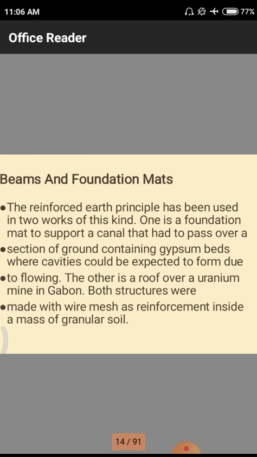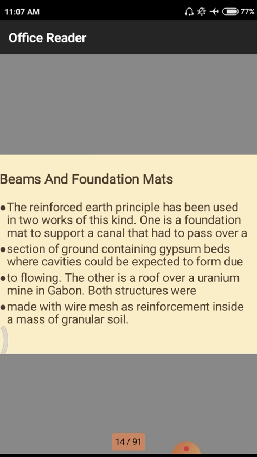Simply, we are giving slope stabilization to this mat foundation. Why? Because the ground contains some gypsum beds. Normally gypsum is a weak material. Whenever we construct a structure on these weak beds, definitely we have to go for a ground densification method, because gypsum is very weak in nature.